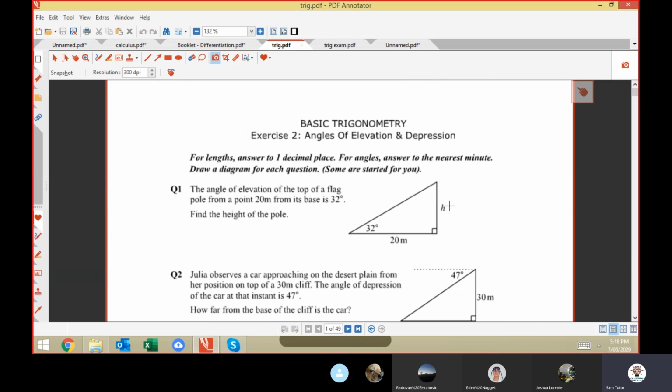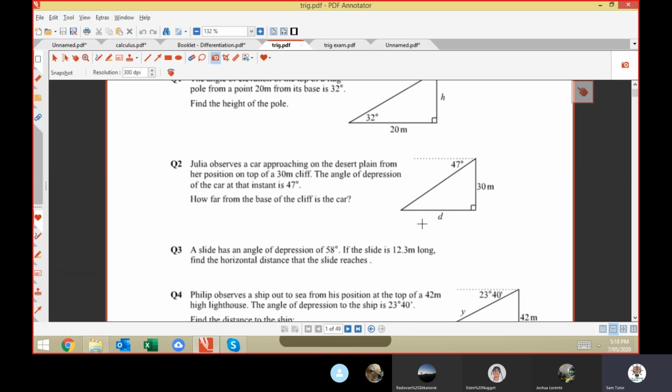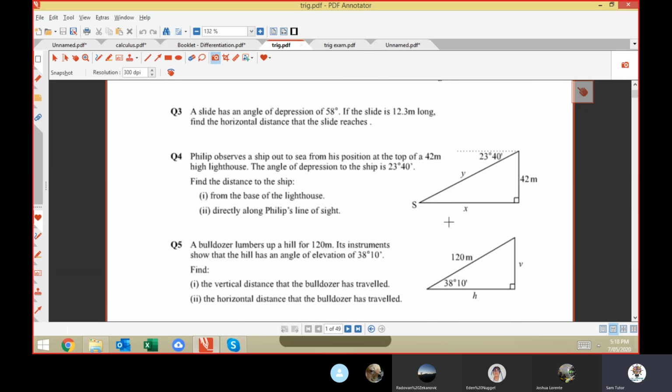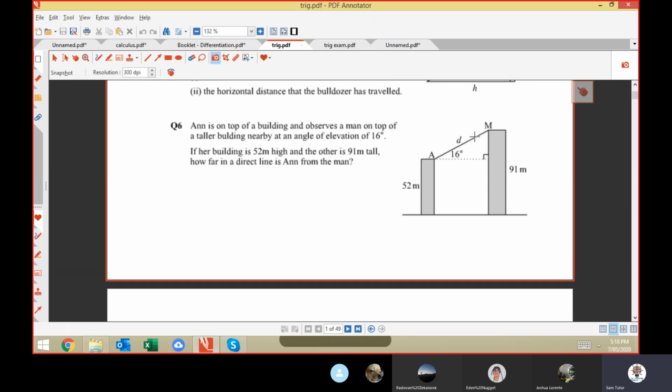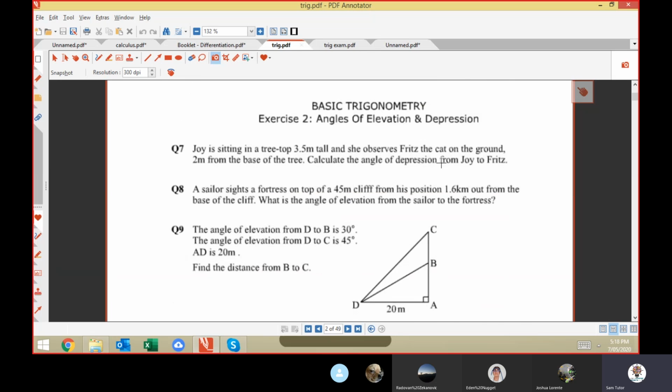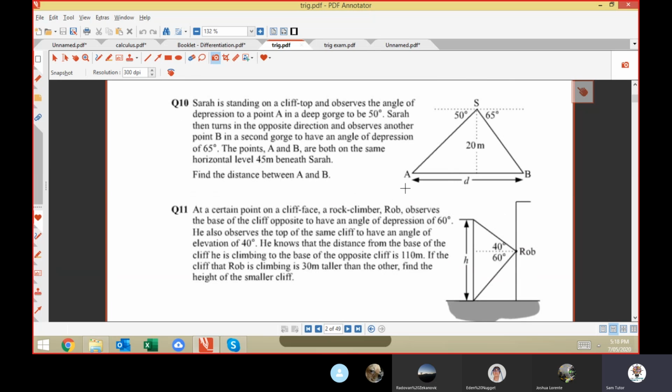And the way you would find the height of the pole is you'll do, let's just say SOHCAHTOA, opposite over adjacent, and you'll eventually find h. Or if you said find d, you will do some sort of trig to actually find d. If it asks you to find this d, again, you'll do something to eventually find this side d.